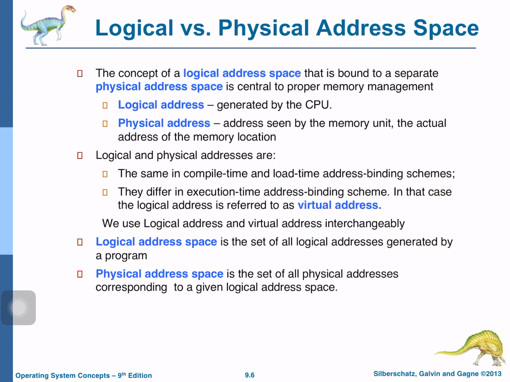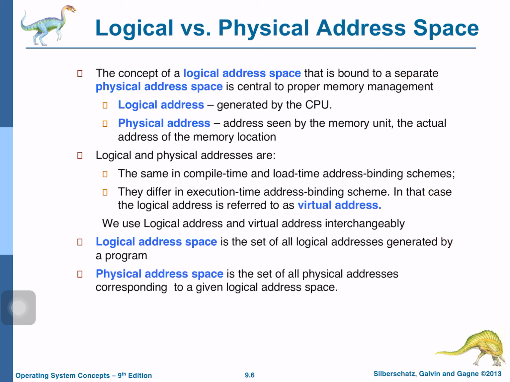Okay, next is to understand the difference between the logical and physical address space. The concept of a logical address space that is bound to a separate physical address space is central to proper memory management. Meaning that you must really understand the idea of having the logical address space and the physical address space.